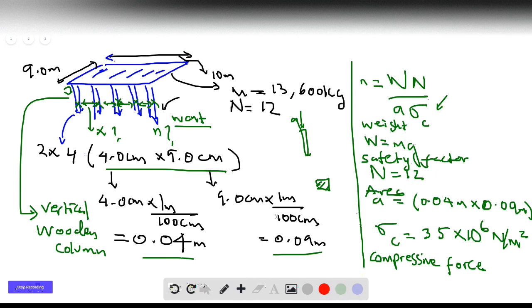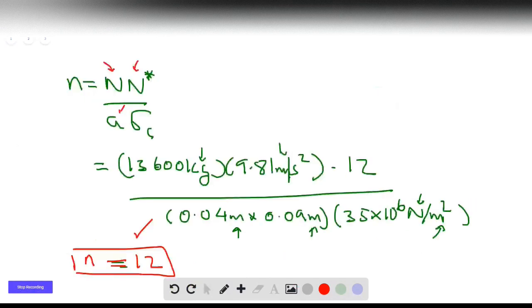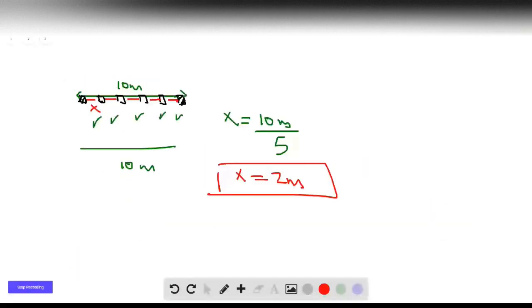So applying those variables in the formula, including the area of the column, we end up getting 12 columns. And also we can define x as the gap between 2 successive columns, and since we have 5 spaces in between, we have to divide the total length by the 5 spaces, and that gives us 2 meters.